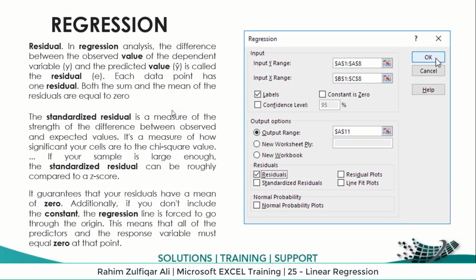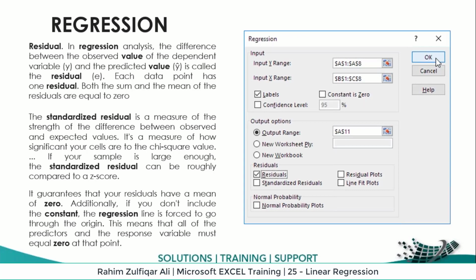When I apply the regression in Microsoft Excel, you will come up with a screen, the picture of which is shown on the right side of your screen. We will input the Y range, and we will input the X range. We will check certain options which are fundamental to applying the regression. There are also other options such as residuals, residual plots, standardized residuals, and normal probability plots.